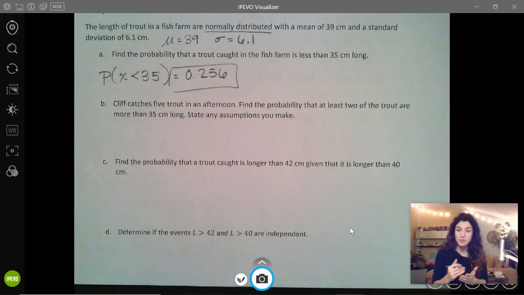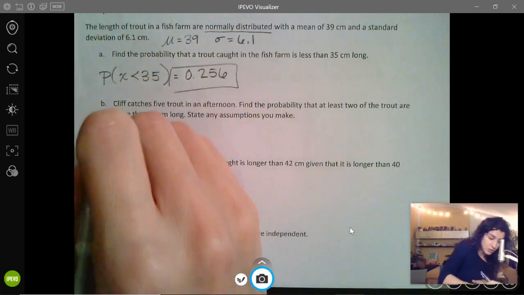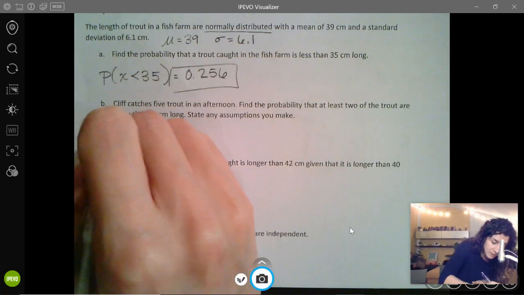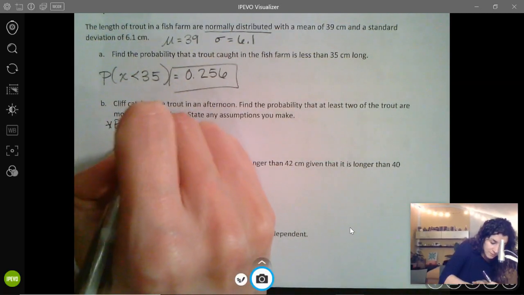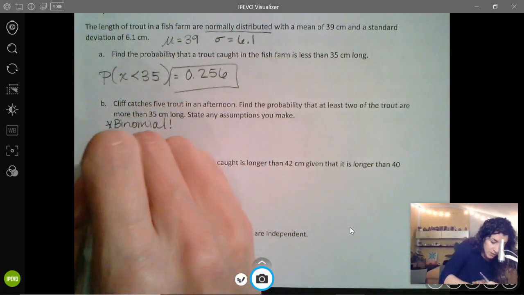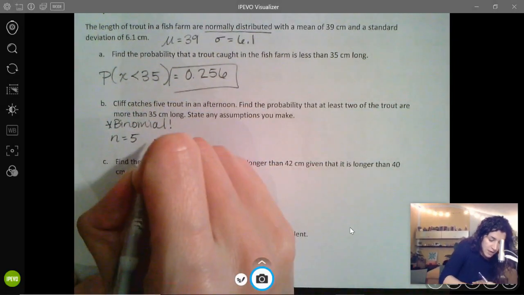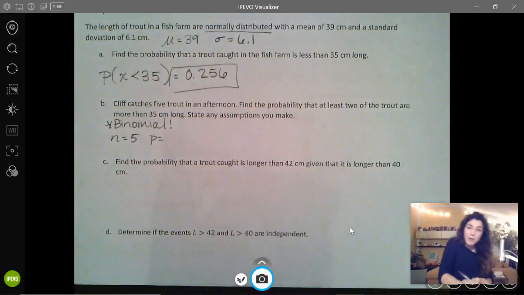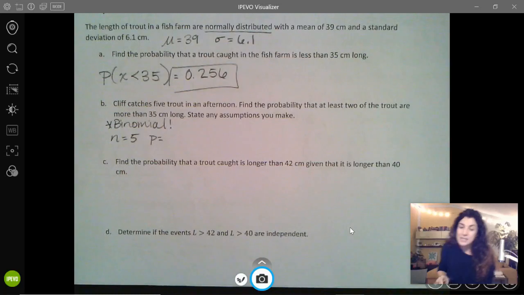With binomial distributions, we have our number of trials. So our number of trials is 5. And if we want our probability of success, we need to find, and this is where it gets interesting or difficult, we need to find the probability that a trout is greater than 35 centimeters.